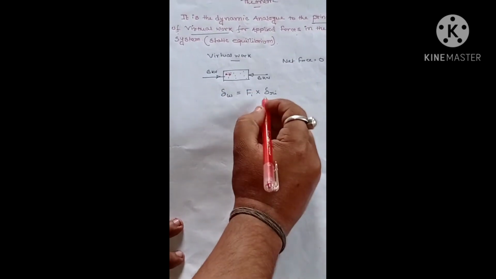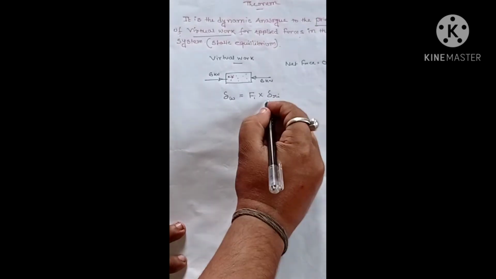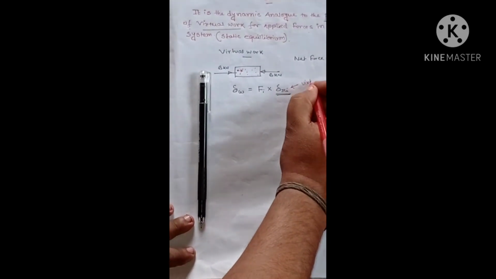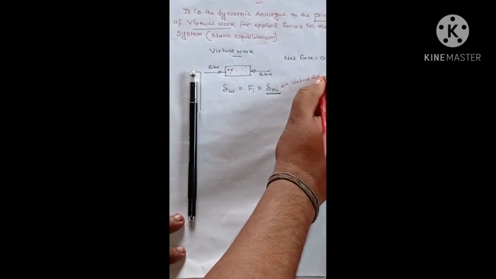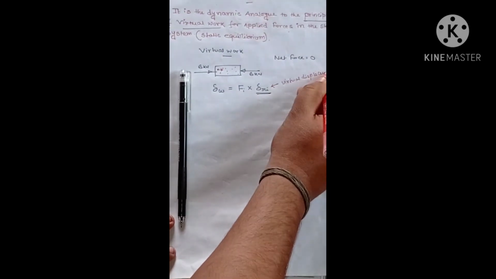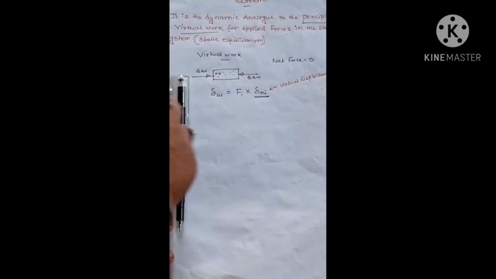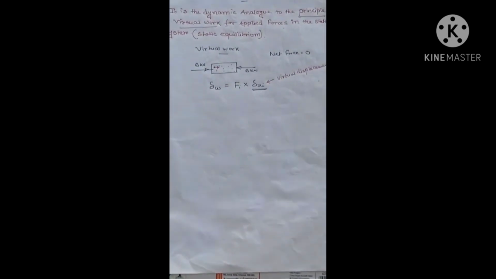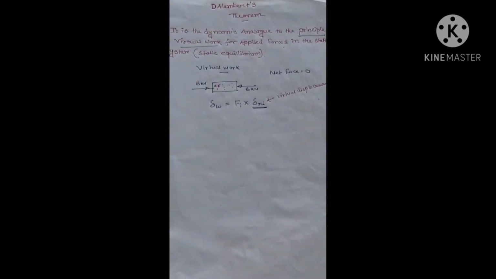This displacement is considered as del Ri, which is sometimes known as a virtual displacement. The work for a virtual displacement is known as virtual work.